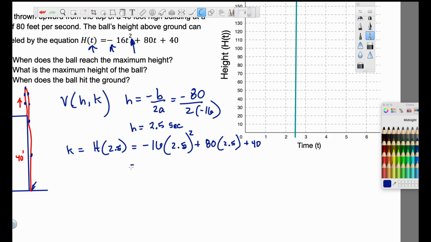There we go. All right, so I'm grabbing my calculator for this. My battery is low. Okay, so we have to do the exponent first. Actually, I'm just going to type the whole thing in: negative 16 parentheses 2.5 parentheses squared plus 80 times 2.5 plus 40.